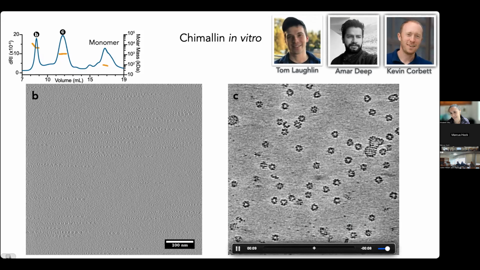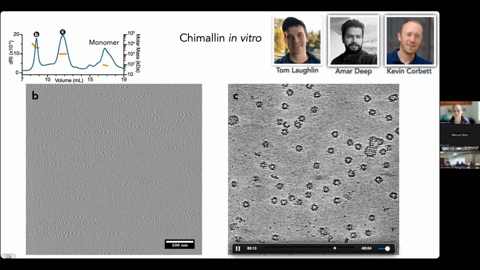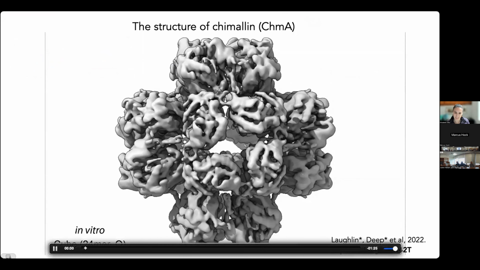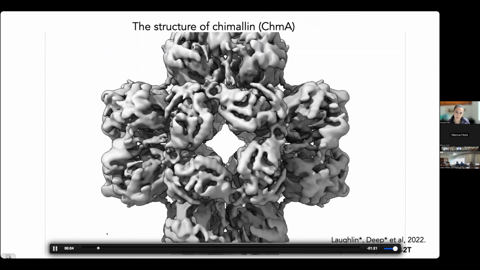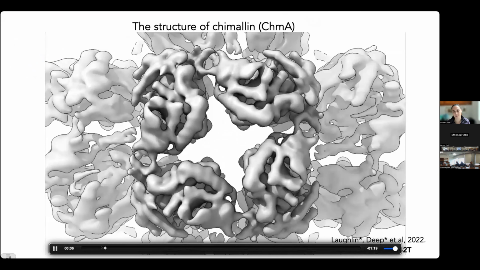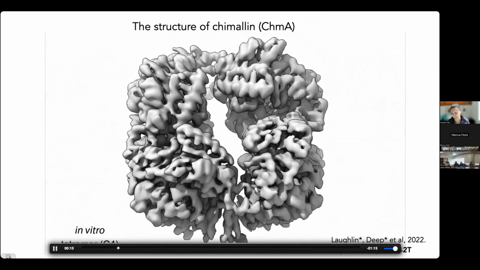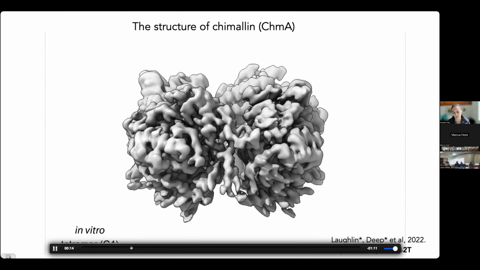And so then he decided to use single particle cryo-EM to get high resolution structures of this, because we also occasionally do that. And this is the movie. You can see it's sort of like a tetramer, and it has 4 sides and 2 tops, so to say. And then Tom did something called symmetry expansion to do focused classification on a tetramer, which increased the resolution considerably.